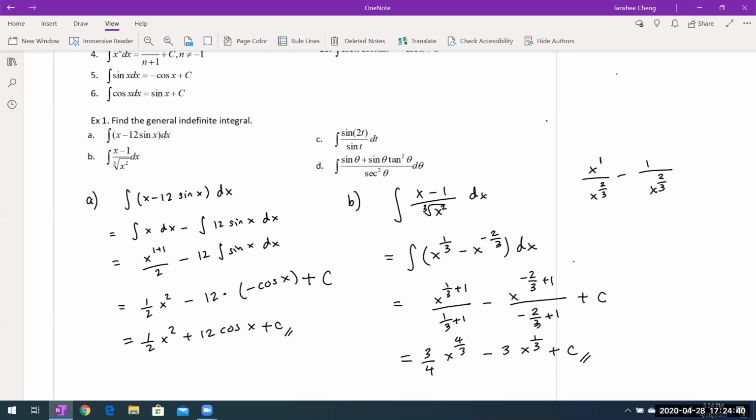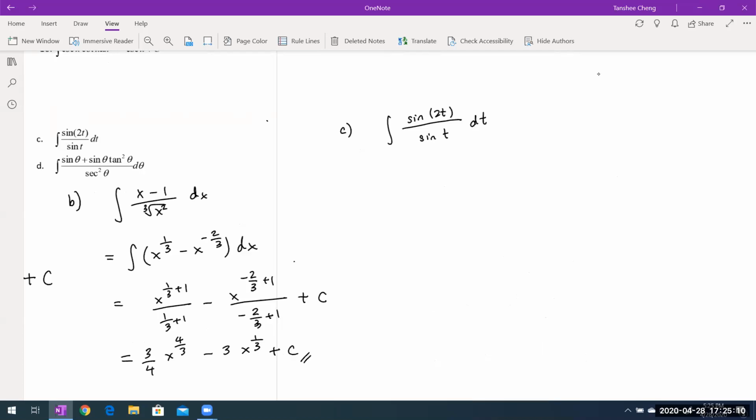So any questions? Again, the antiderivative formulas we have so far are very simple ones, so you need to manipulate the expression to get it into a formula that we can use. For this one, I can rewrite it as 2 sine t cosine t using the identity that will allow me to reduce it.